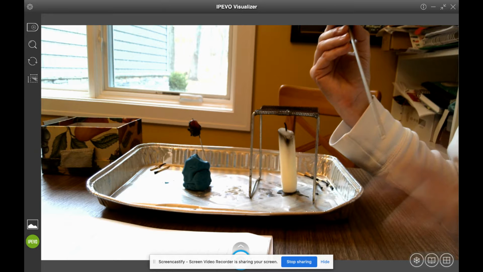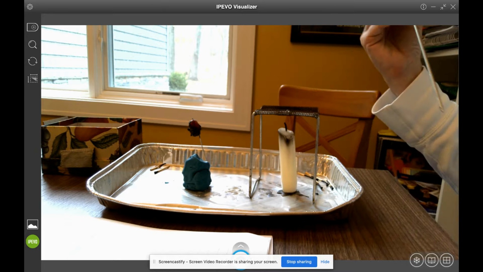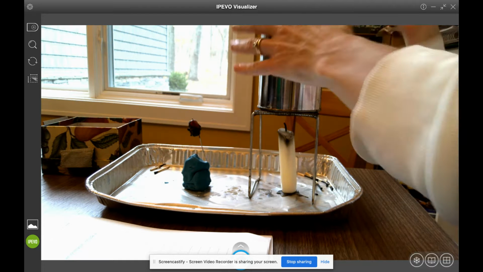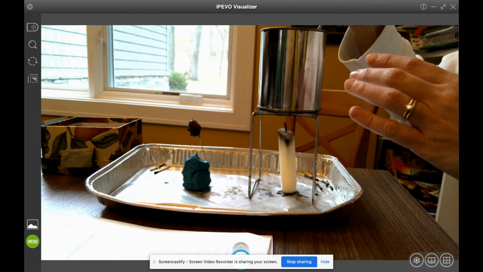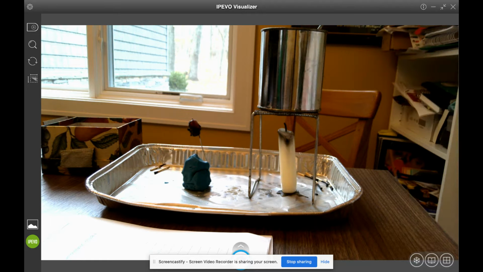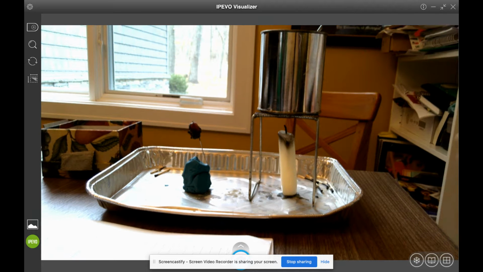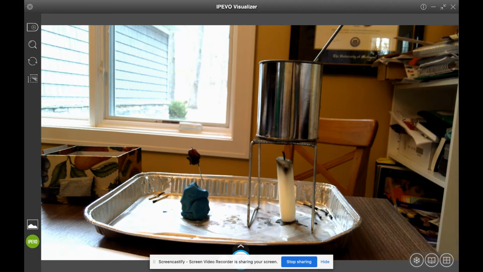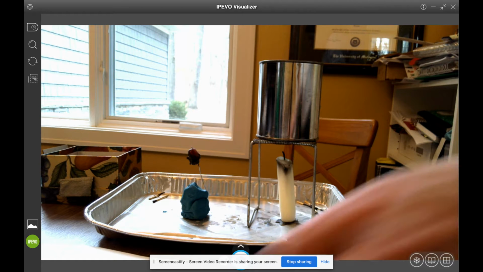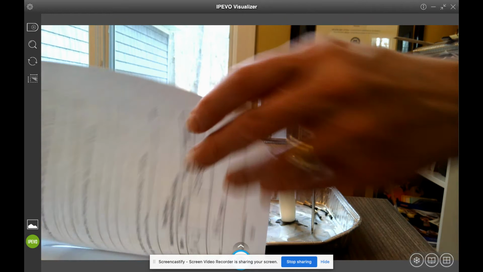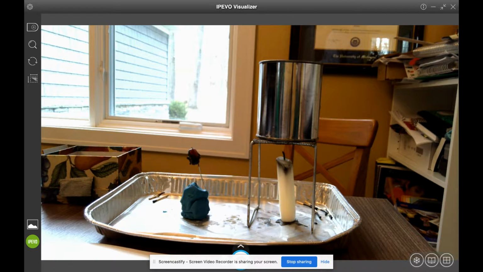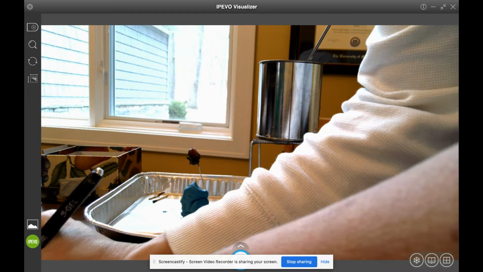Okay. Good or too much? No, that's good. All right, so there's our water. Let's see what temperature it is. It came right out of the same sink, so it should be about the same temperature as that other one. So if we go with that, it is 20.6 right now.